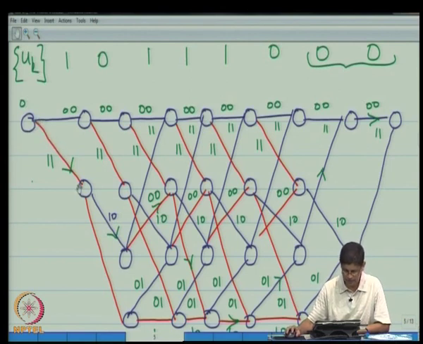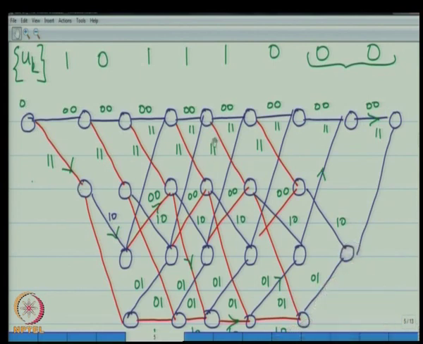So, we can start here and we want to return here. So, we have to go from here to here, correct, and you can see that there is basically one way of going from here to here. So, you would go 1, 2, 3, 4, and that is the only way to actually return back to the all 0 state in 4 steps.